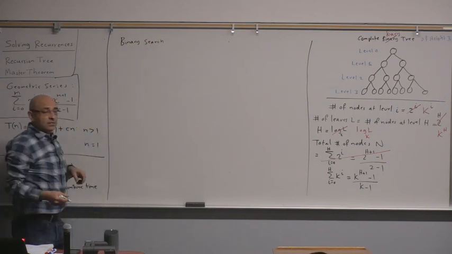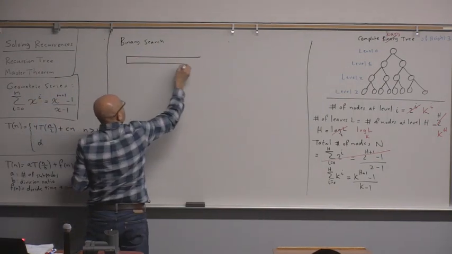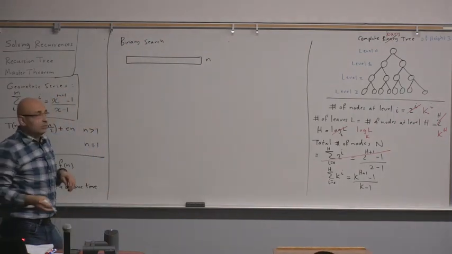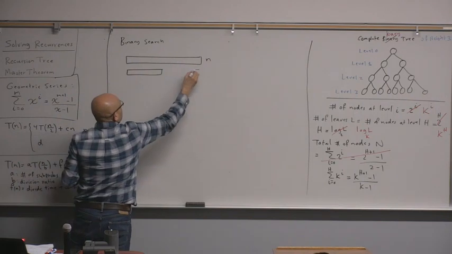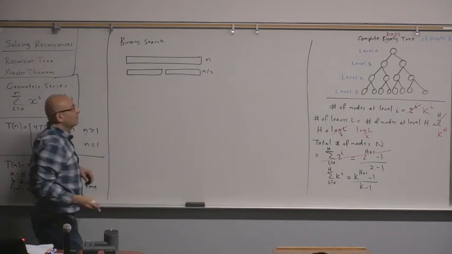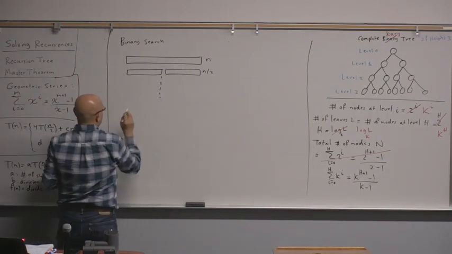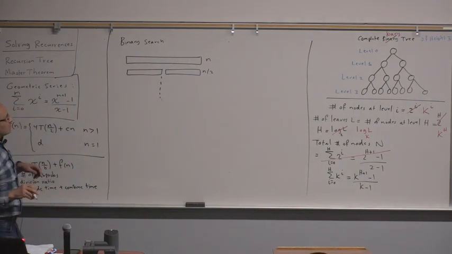So binary search is going to have an array of size n, and it's going to divide it into 2 arrays of size n over 2, right? And you go until you get to size 1, if you get all the way to size 1.